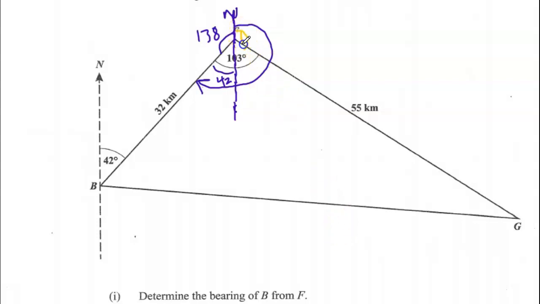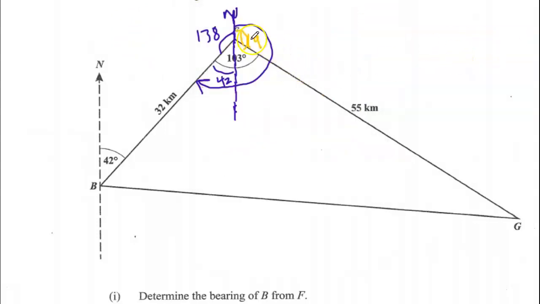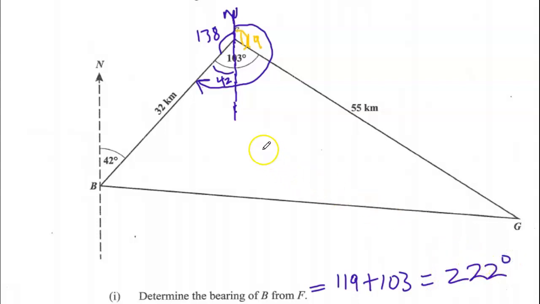So this angle will be 119 degrees. So the bearing of B from F will be the 119 plus the 103. So the bearing of B from F is equal to 119 plus 103 degrees, which is 222 degrees. Of course, there are alternate ways to get these angles, but it should come to 222.